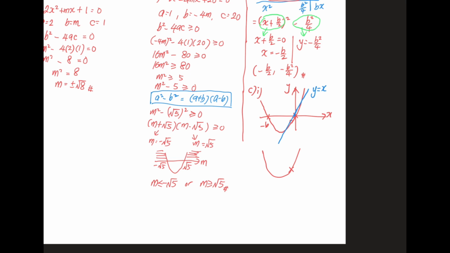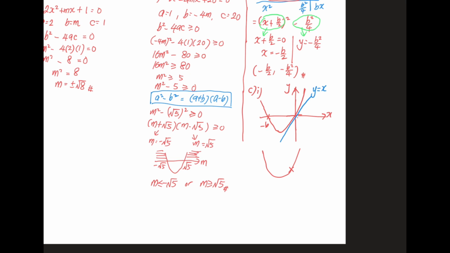I don't think this is possible, so let me modify this graph. And then y equal to x is going to be like this. They both pass through the origin.